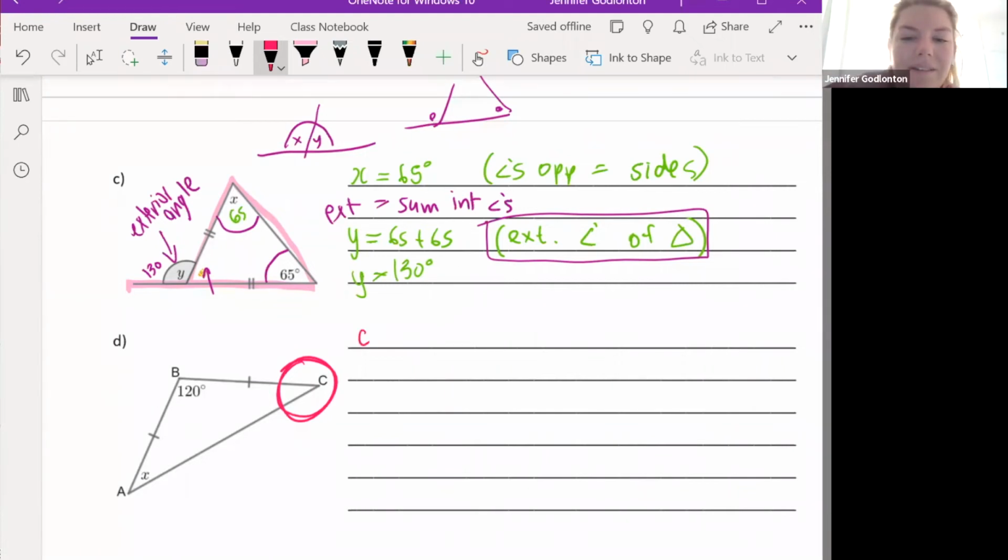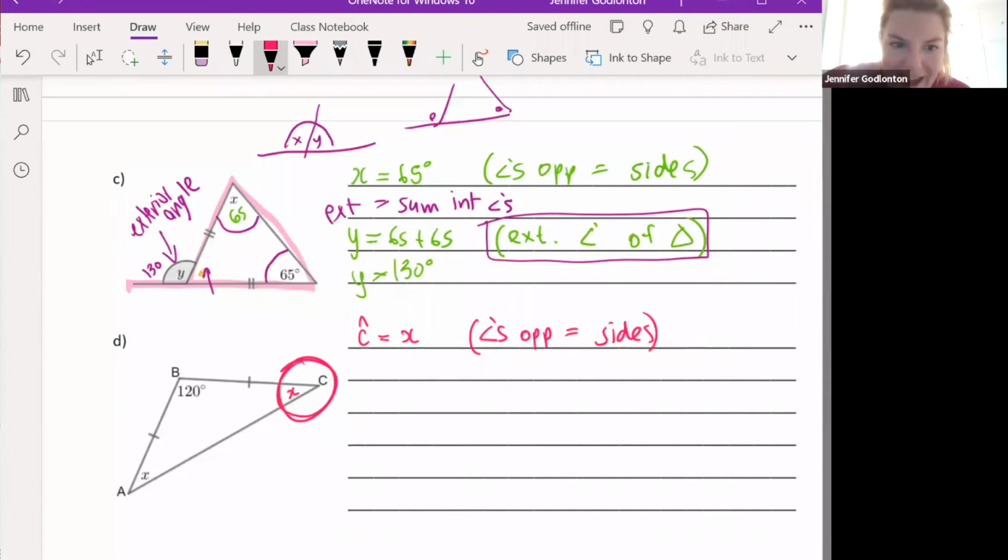Since you have your isosceles triangle, whatever that x is going to be, it's going to be the same as your C. Okay, so I can say angle C is equal to x. And what would my reason for that be? Because of isosceles triangle, angles opposite equal sides. Well done.